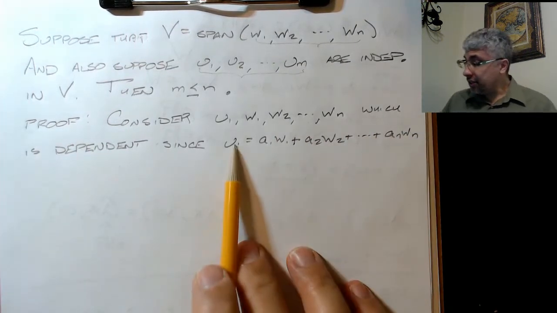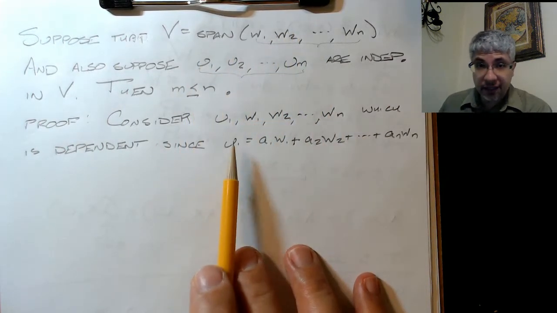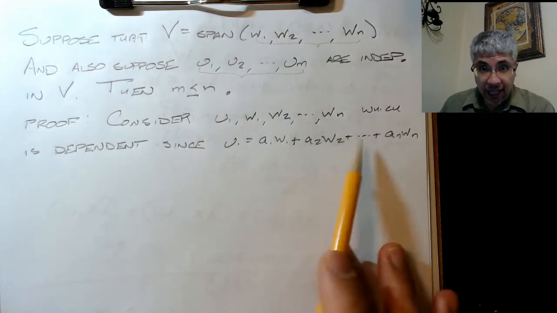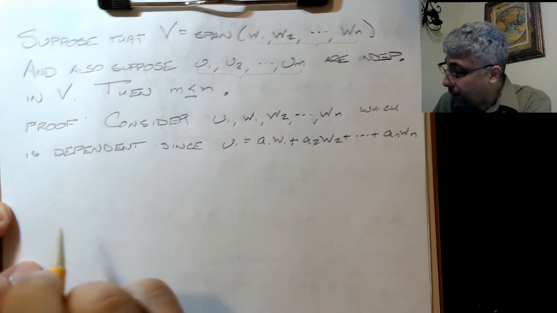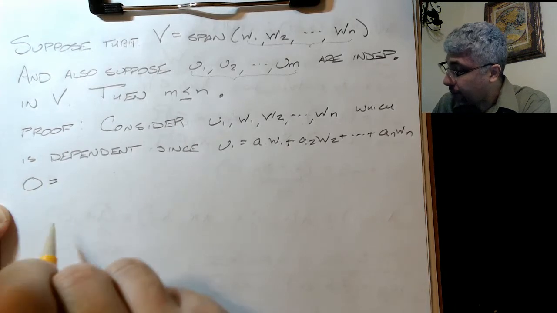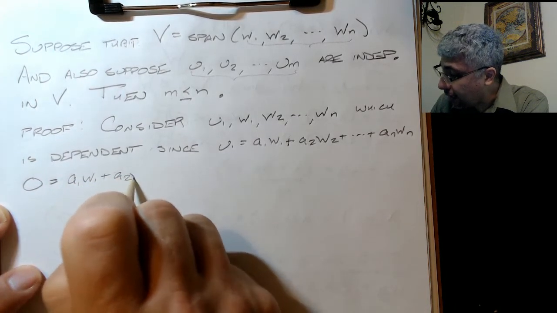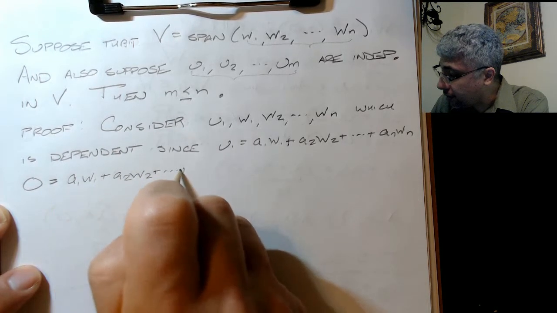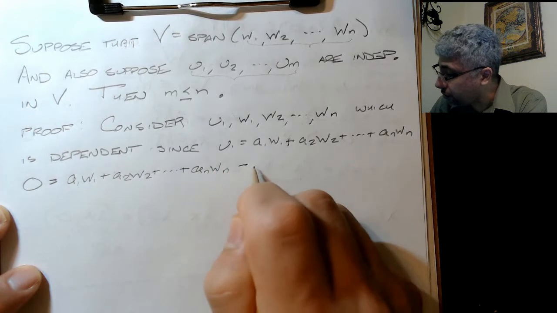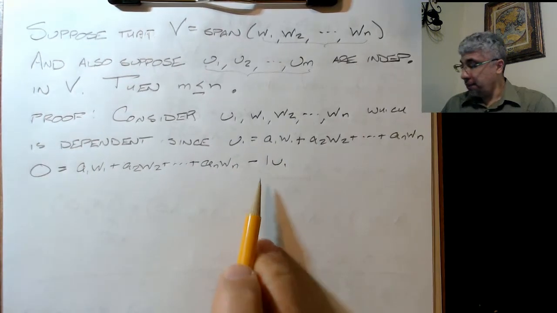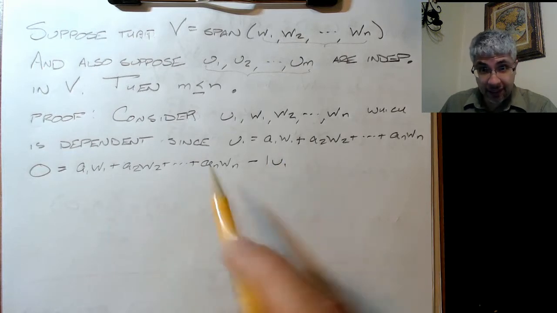Since U1 is in V and V is the span of these vectors, we can write U1 as a combination of these. So this is dependent because, by my definition of dependence, I have written 0 in a non-trivial way, because this is not 0. So this is a dependent collection.